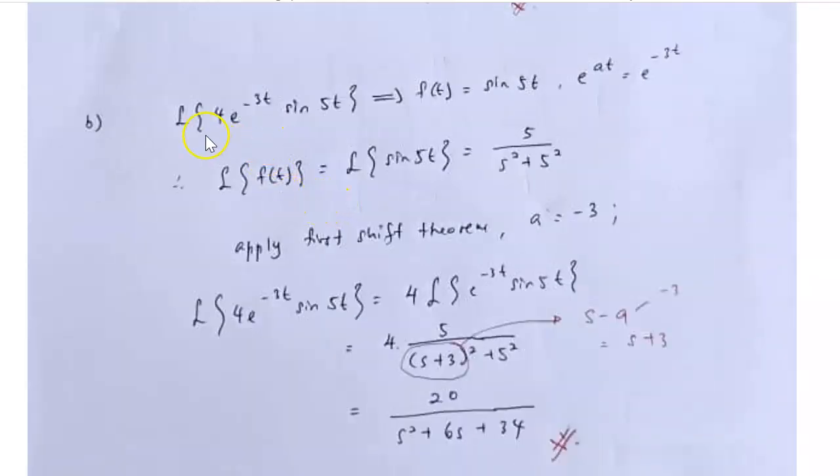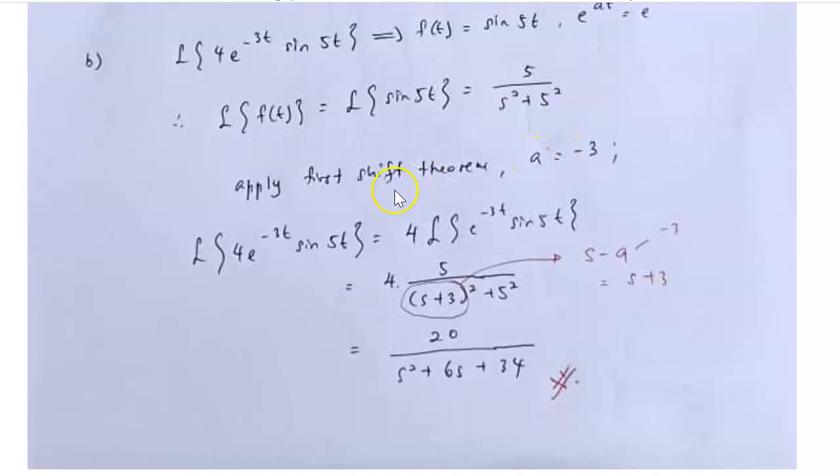Okay, next example. Find Laplace of 4e to the power of negative 3t sin 5t. Here your f(t) is sin 5t, and e to the power of at is e to the power of negative 3t. Actually, 4 we take out first. Laplace of sin 5t is 5 over s squared plus 5 squared. Using the first shift theorem, your a is negative 3.